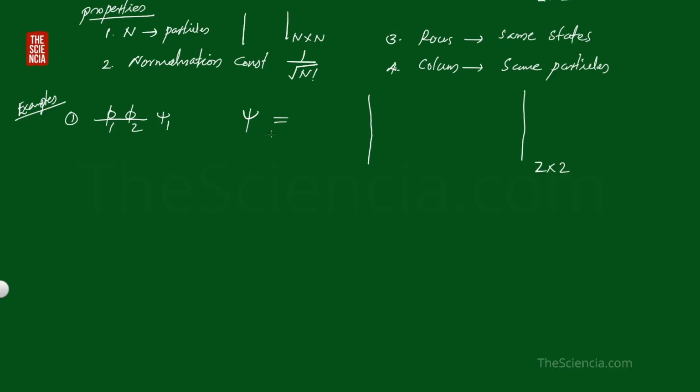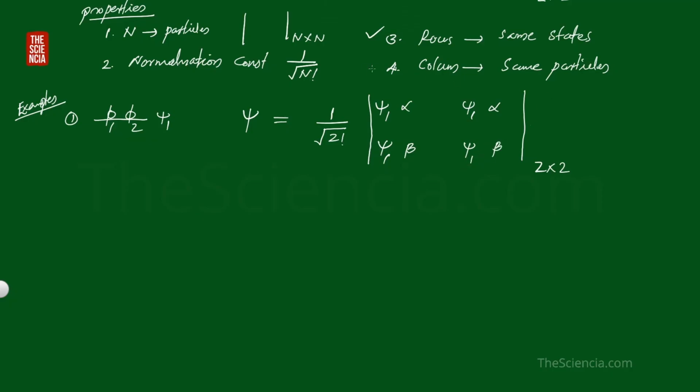We know the normalization constant is 1 by root n factorial, that is 1 by root 2 factorial. Now we have to fill the determinant. Using the rule that rows contain the same states, we fill the rows: psi 1 alpha, psi 1 alpha, and the other row contains psi 1 beta, psi 1 beta.